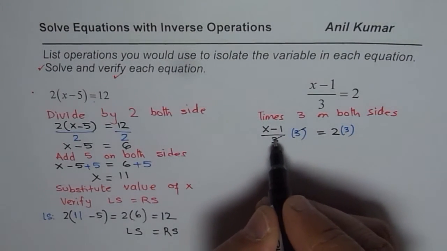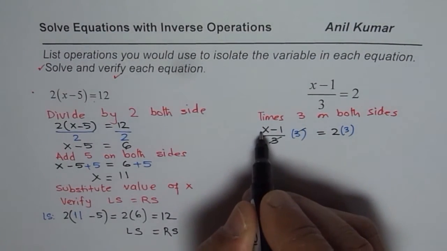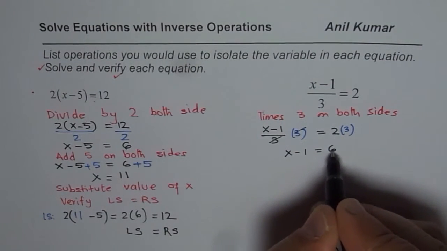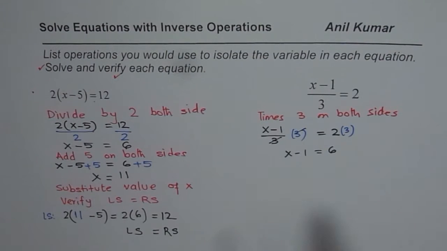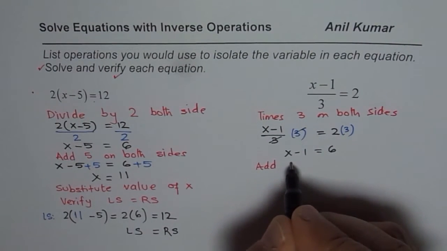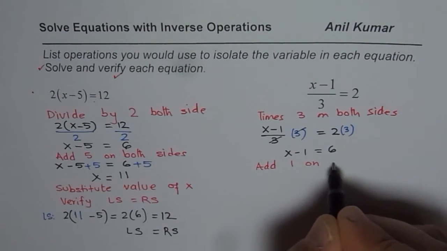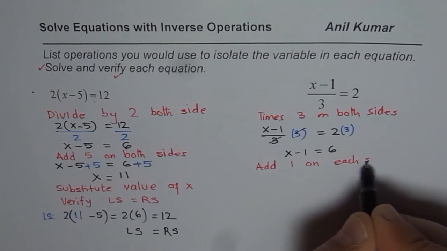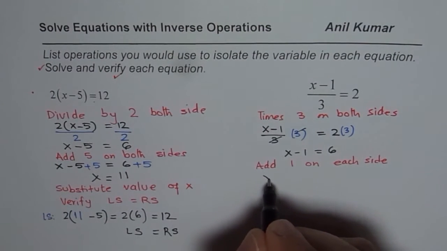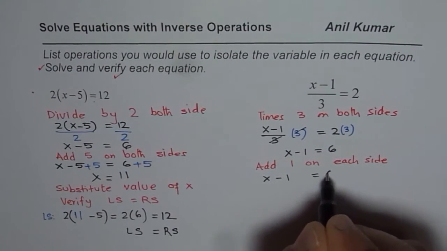So you're left with this: the 3 and 3 cancel. 3 divided by 3 is 1. You're left with x minus 1 on the left side, and 2 times 3 is 6 on the right side. The second step should be add 1 on each side. So you have this equation as x minus 1 equals 6.